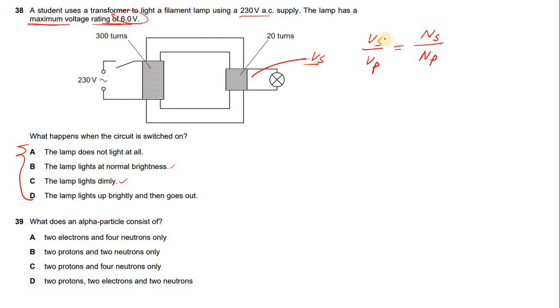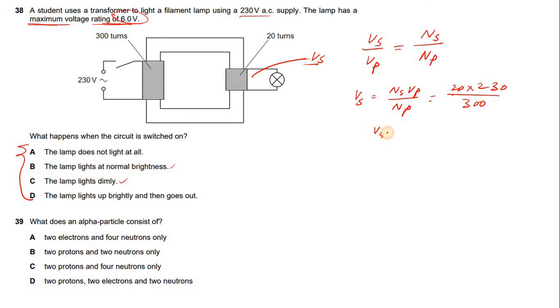Now I can make VS the subject. So VS is equal to NS VP divided by NP. NS, the number of secondary turns, 20, times VP, primary voltage, 230, divided by the number of turns, 300.